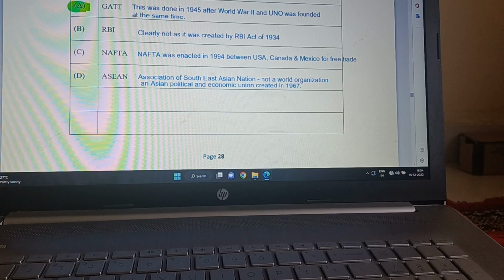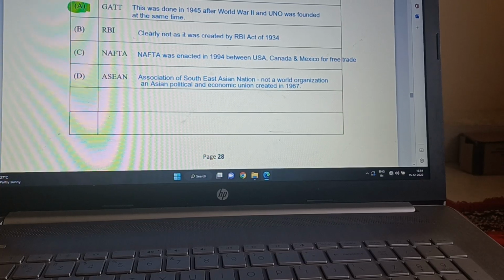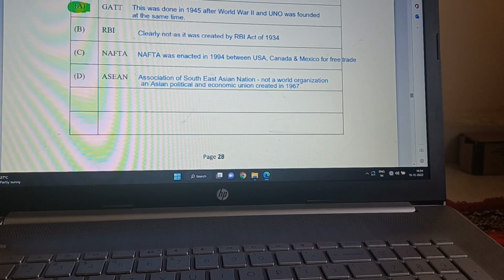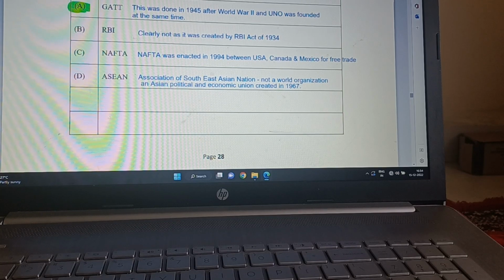What about B? RBI. Well, RBI cannot be formed in the United States. It is an Indian organization, so it will be created within Indian territory, and it was created by the RBI Act of 1934. So RBI came into existence after passing of this act in 1934, and in 1935 RBI started functioning.